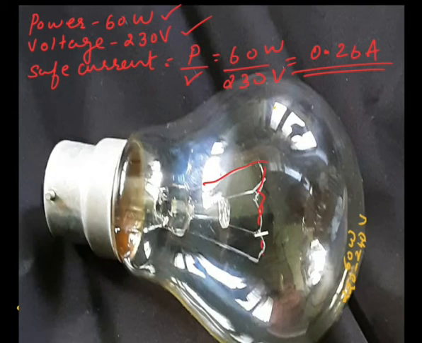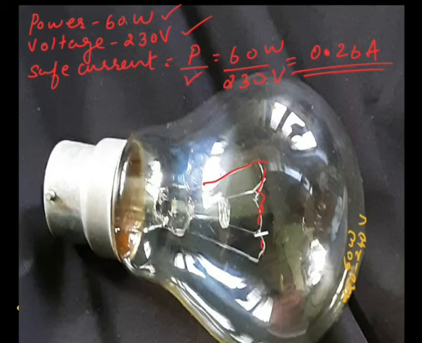So suppose the voltage supplied is increased beyond a limit, then what will happen? The filament will be heated up more, more current will pass through it, and it will blow off. So if you know the maximum current which can flow through the device, you have to maintain that current for the safety of the device.